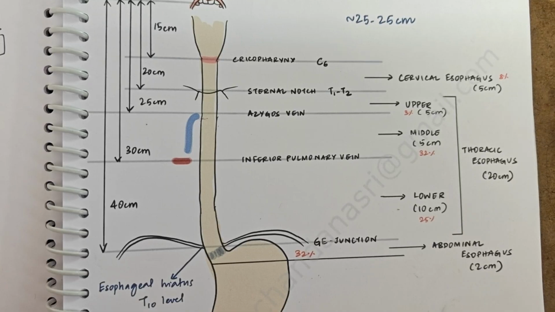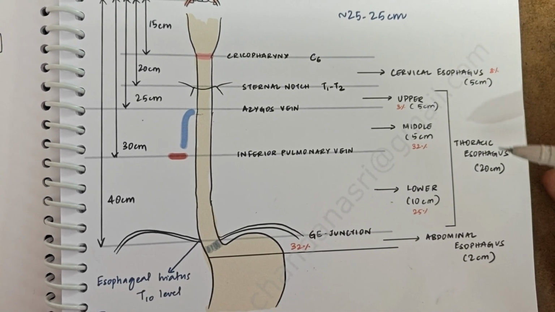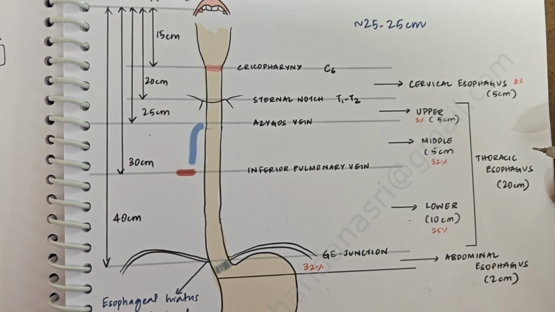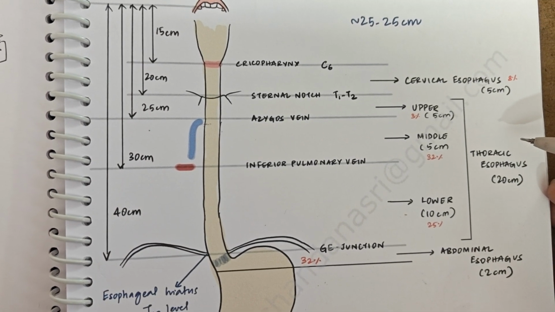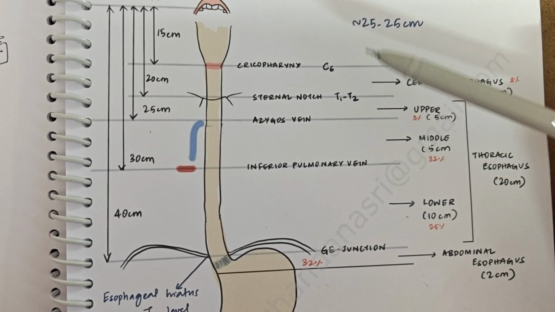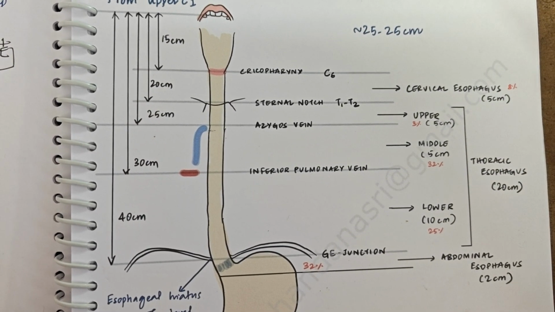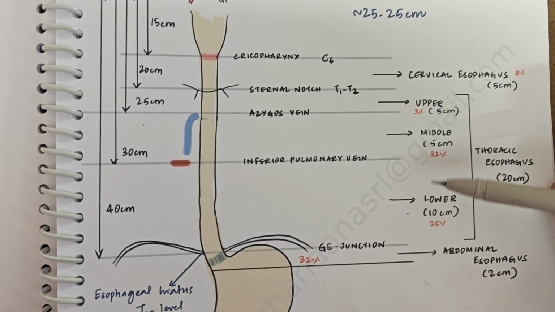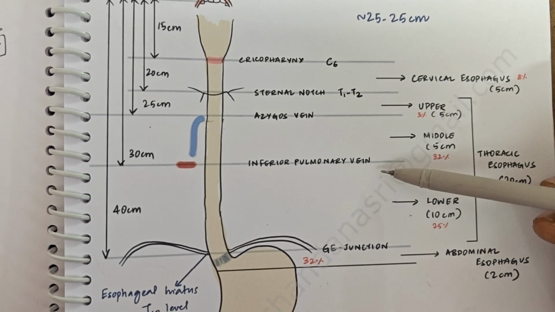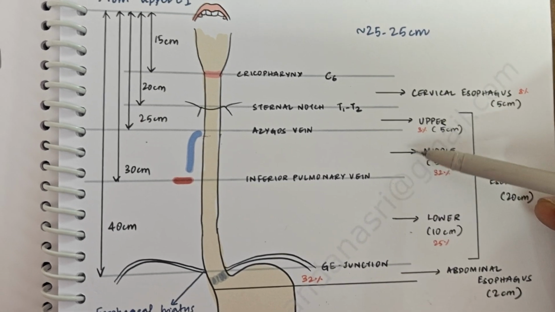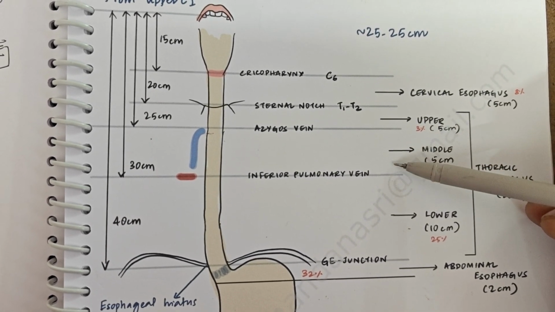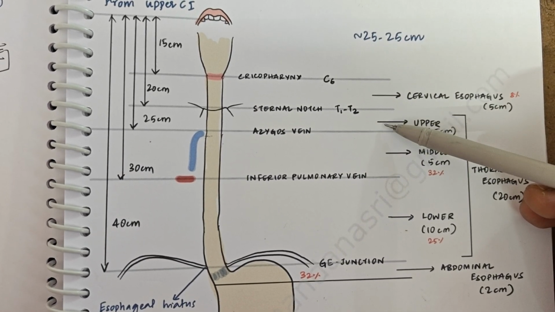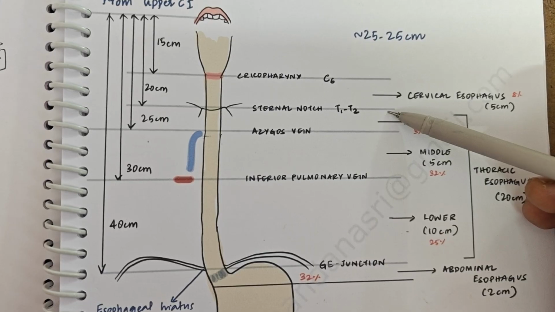So the total, if you see, the thoracic esophagus is 20 centimeters in length. How come it is 20 centimeters? If you observe carefully, the lower esophagus is 10 centimeters, the middle esophagus is 5 centimeters, and the upper thoracic esophagus is 5 centimeters.